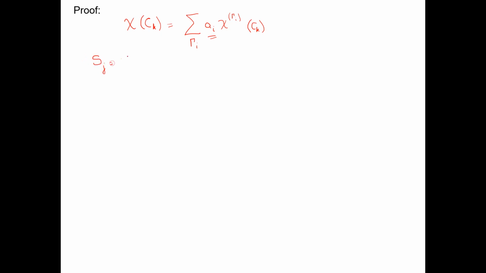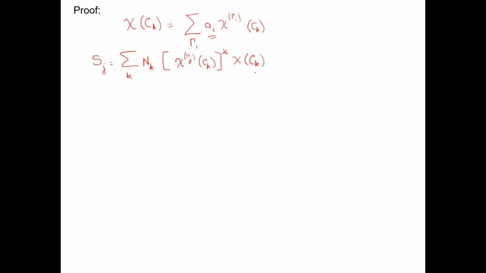S of j is the sum over classes, where nk is the number of elements in each class, of the characters for each irreducible representation, complex conjugated, times the characters for the reducible representation.